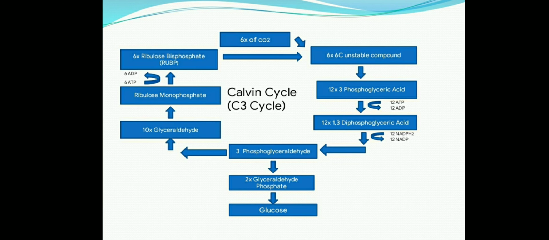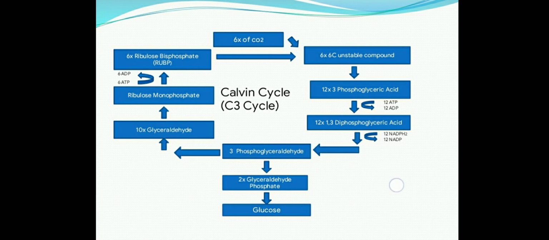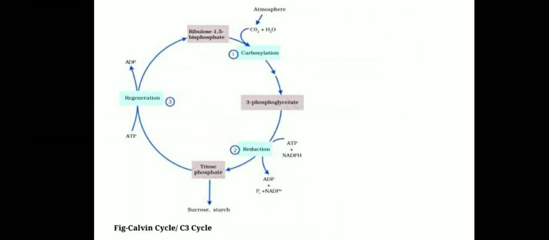Here six RuBP molecules are formed, so six molecules of ATP are required. This process where RuBP is formed is called regeneration. So in the Calvin cycle there are only three steps: one, carboxylation; another, reduction; and third, regeneration. Now this same process I am explaining in these phases also.